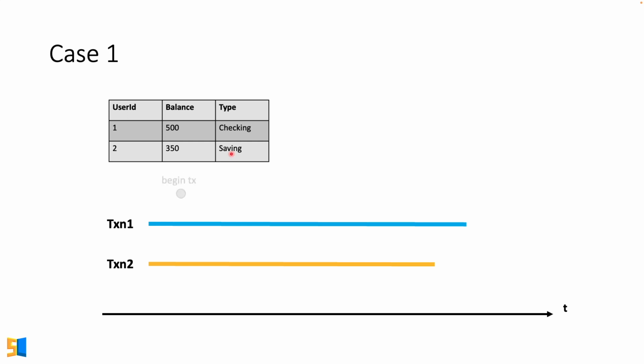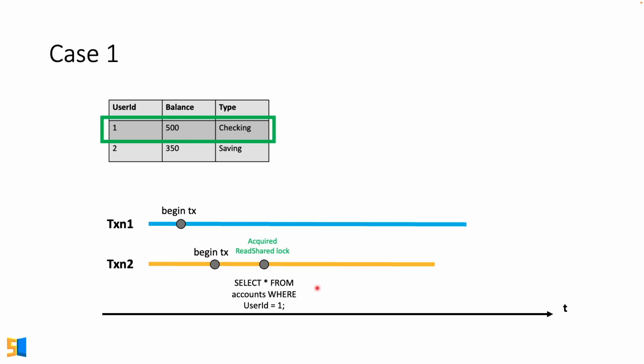In this case, transaction 1 begins a transaction. Then transaction 2 begins a transaction. Transaction 2 does select star from accounts where user ID is 1. This means that transaction 2 will acquire a reader shared lock. Why?